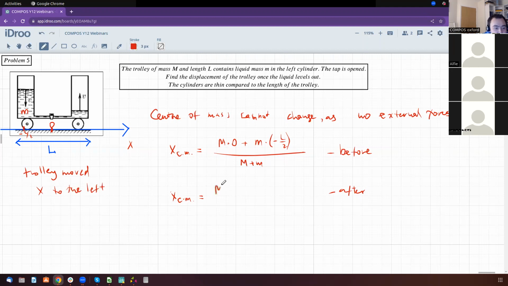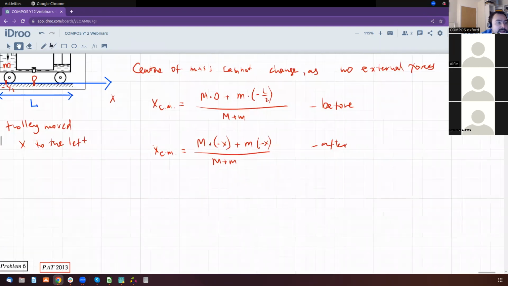So it's going to be M multiplied by minus X, plus small m, well, because the liquid will be evened out, so the center of mass of the liquid will coincide with the center of mass of the trolley. So minus X. Okay. The center of mass of the trolley will coincide with the center of mass of the liquid. Therefore, divided by M plus m.